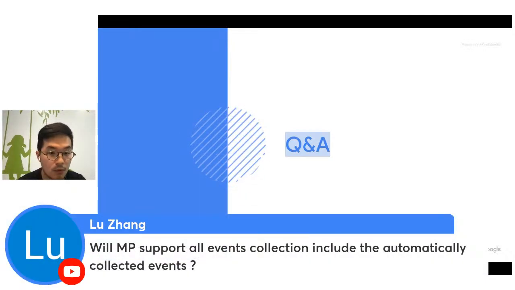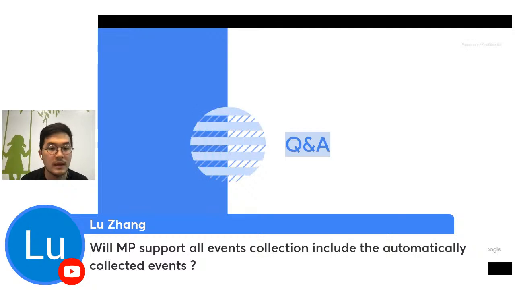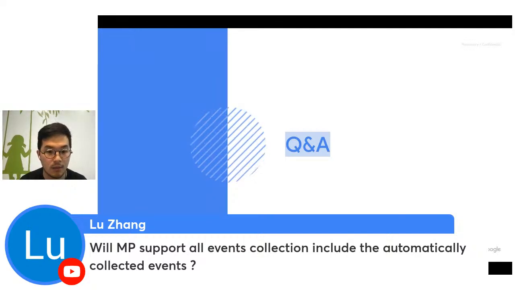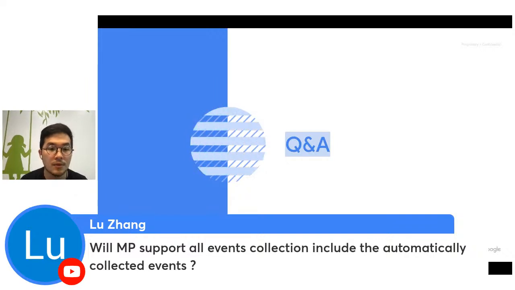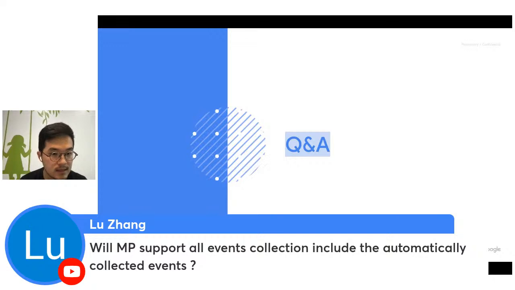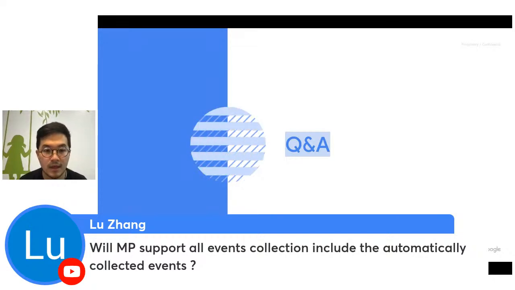The next one: will MP support all event collection, including automatically collected events? MP stands for Measurement Protocol, and the question is about whether automatically collected events will also be supported. If I am not misunderstanding correctly, MP is a separate way for us to send events back to Google Analytics.